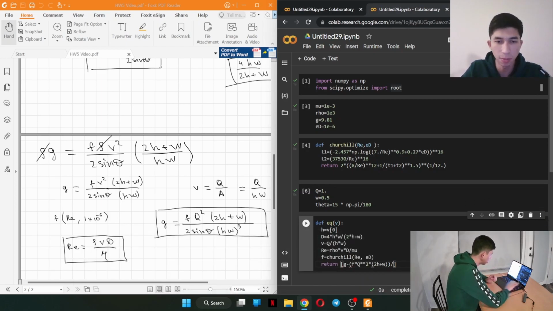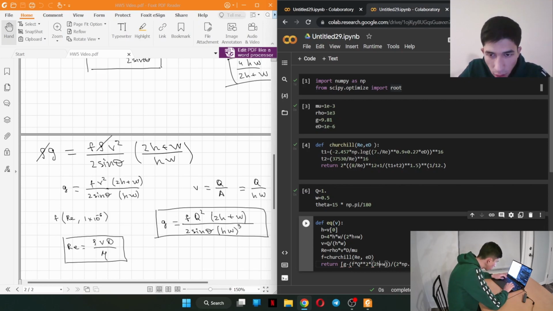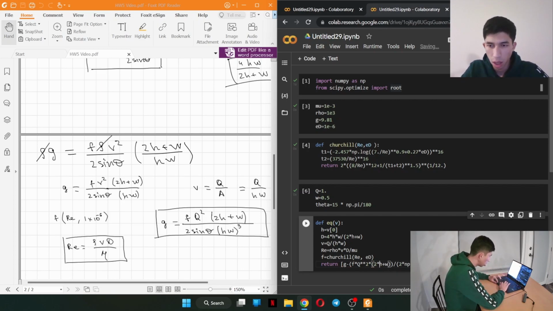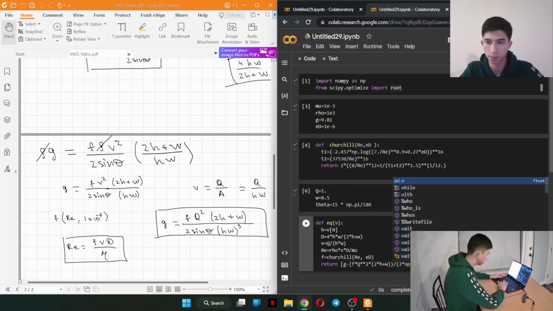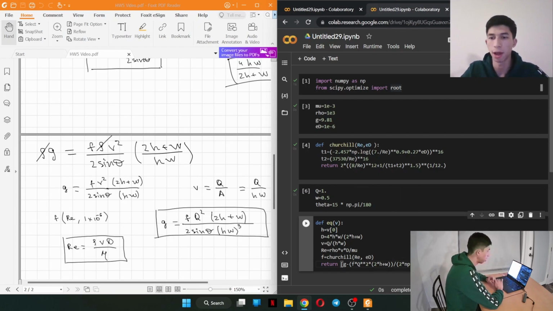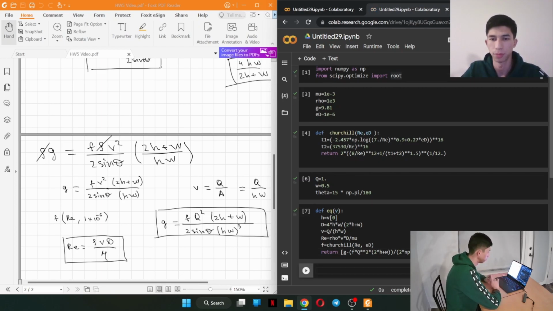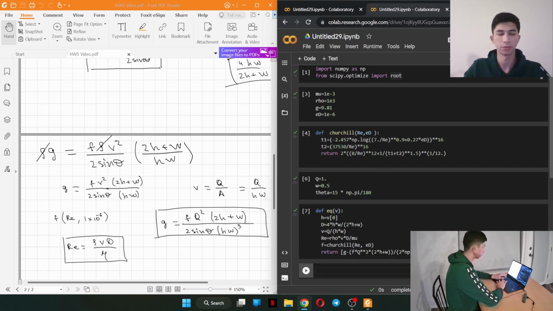It should be divided by 2 times np.sin of theta times (h times w) to the power of 3. And here I forgot the multiplication. And this should be lowercase. I think everything looks fine, so let's try to run it. Okay, no problems. That's cool.